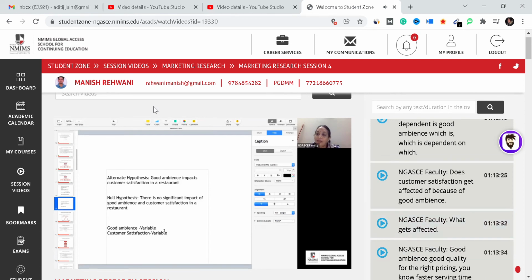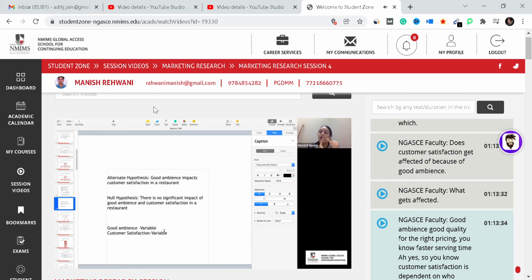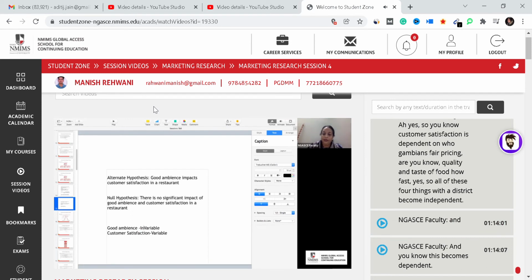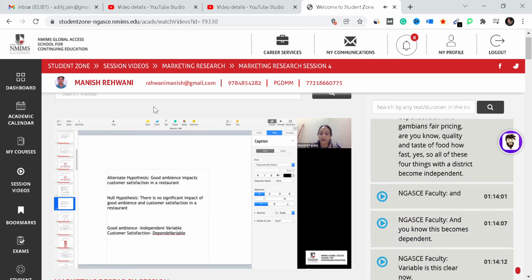What gets affected? Good ambience, good quality food, the right pricing, faster serving time. Yes, Rima. So customer satisfaction is dependent on good ambience, fair pricing, quality and taste of food, how fast you serve. All of these 4 things which I described become independent variables, and this becomes the dependent variable.